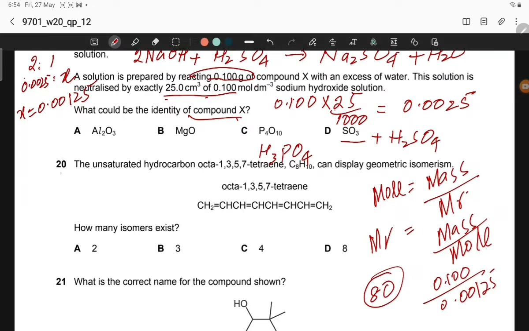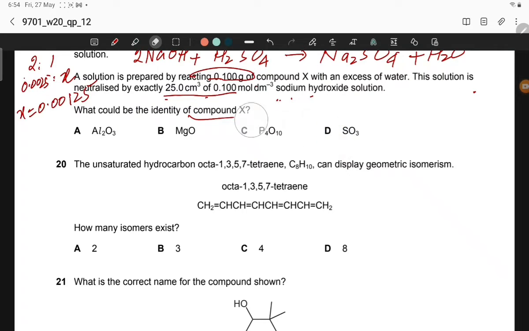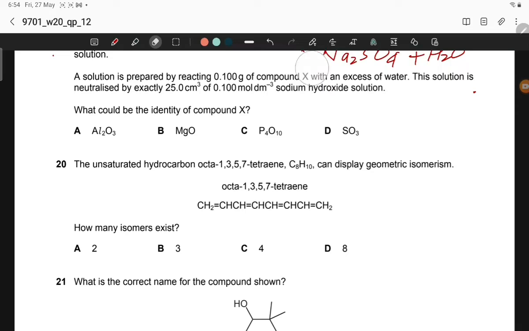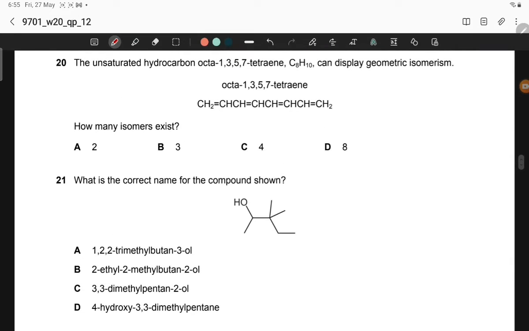The Mr of sulfur trioxide is 32 plus 48, which is equal to 80. So it must be D option. It must be D.